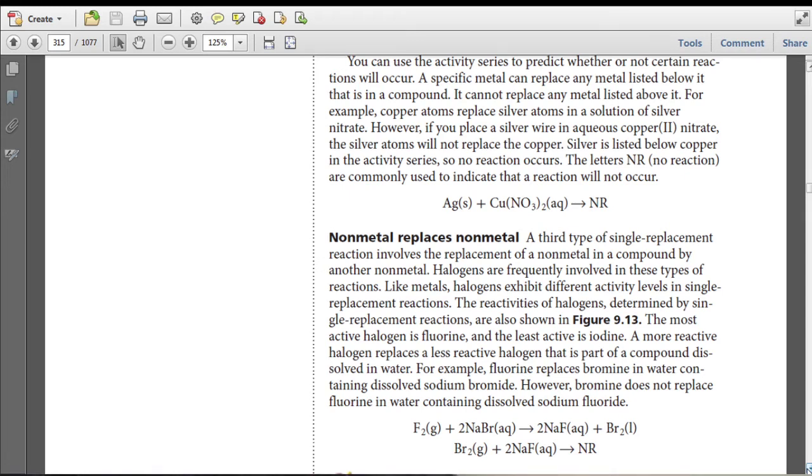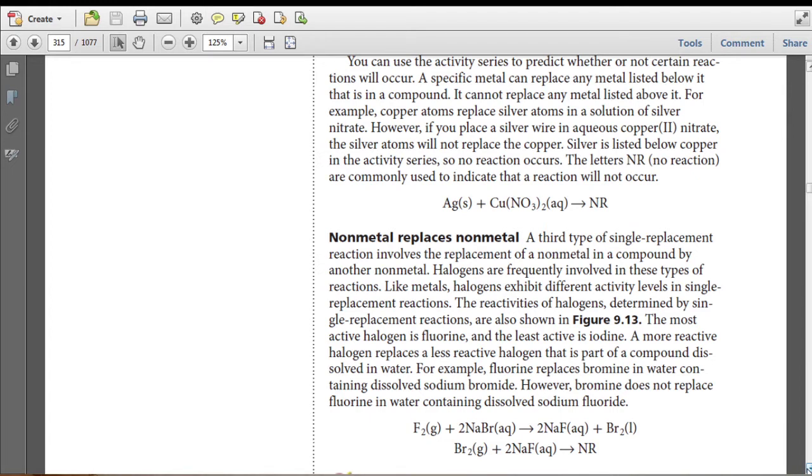A third type of single replacement reaction involves the replacement of a nonmetal in a compound by other nonmetals. Halogens are frequently involved in these types of reactions. Like metals, halogens exhibit different activity levels in single replacements. The reactivity of halogens determined by single replacement reactions is also shown in figure 9.13.